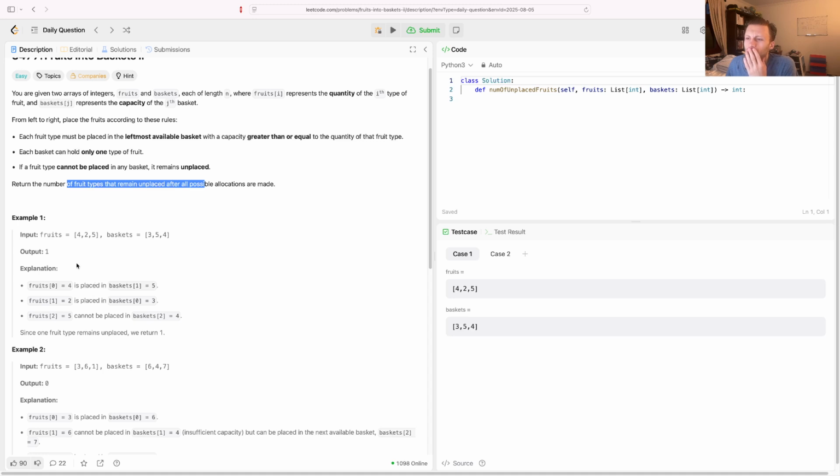Interesting. So essentially what it's doing here is saying, we start with the leftmost and we look for the first available.